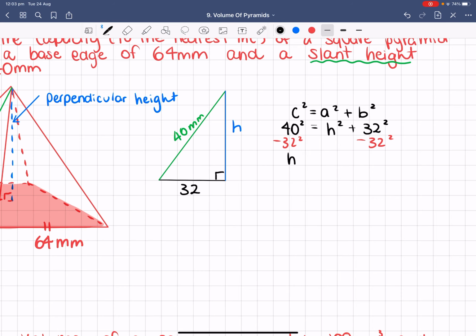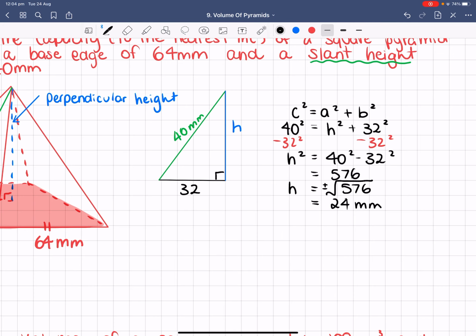And we get h squared is equal to 40 squared minus 32 squared. That gives you 576. But we don't want h squared, we want h. So we take the square root. Remember, it's plus or minus, but because it's height, it's a distance, it has to be positive. So it gives us 24 millimeters.